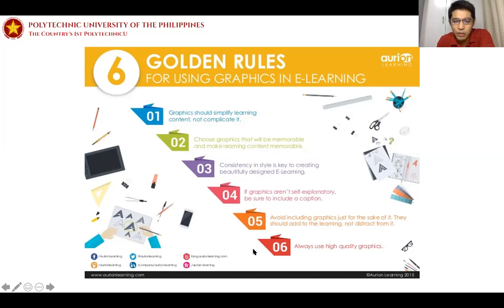Fifth, avoid including graphics just for the sake of it. That means there is always a reason why we need to use graphics, why we need to include, let us say, tables or figures. And number 6, always use high quality graphics, especially if we are using figures or other illustrations.